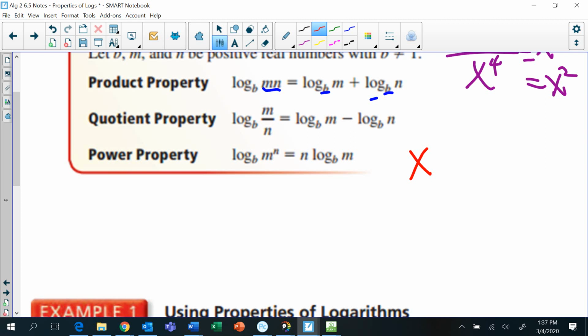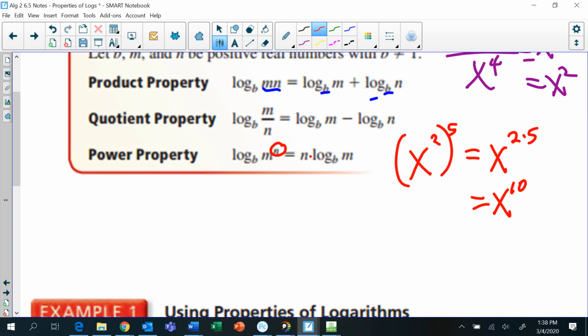If I had x to the 2nd, and then we had the 5th over here, what would we do in this case? We would multiply our exponents, right? We would have x to the 10. Although it doesn't look like it, this is multiplication. If you have an exponent on the log, we can say this is the same thing as n multiplied by, or that exponent multiplied by the log.